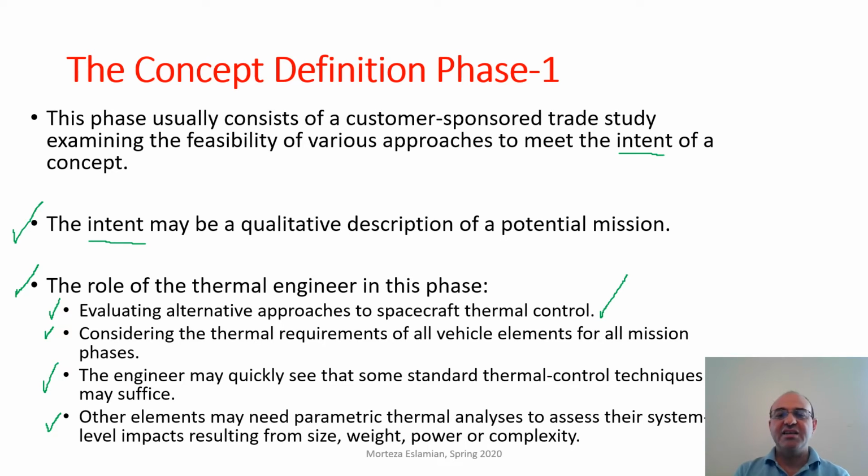At this stage, the engineer is not going to design, for instance, the size of the heat pipes or the thickness of the insulation. These details are for the later stages.